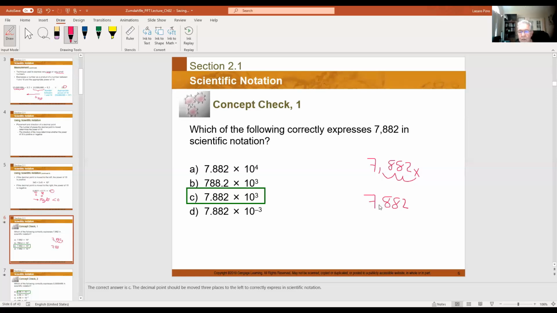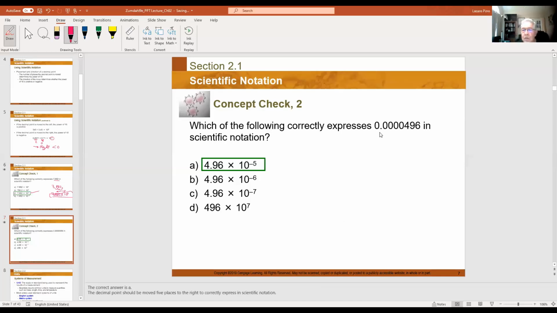The dot is now here, and then you multiply by 10. If you move to the left 3 times, your exponent will be positive 3. Then you put here a 3, you don't need to put the plus sign. This is the number that better expresses this number. So this is the answer.